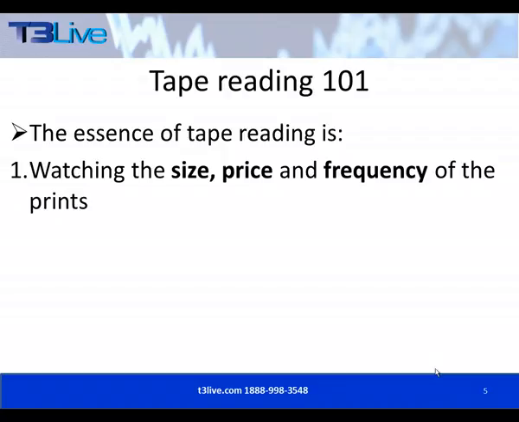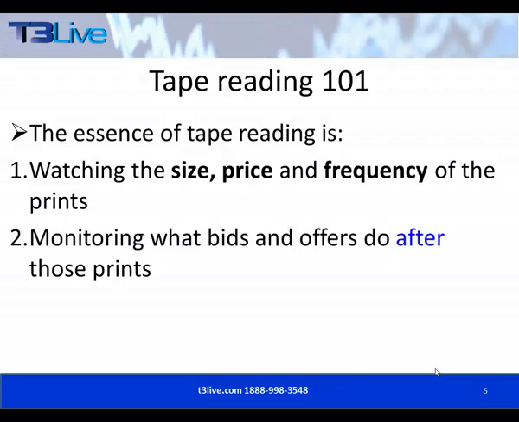It's the prints. So the size of the transaction, the price the transaction occurred at, and the frequency of the print. The more frequent, obviously a lot more traders are showing urgency. Urgency to buy or urgency to sell. So once you start to see these trades, now you want to monitor for what happens to the bids and offers after you're monitoring the size, the price, and the frequency of the actual trades.